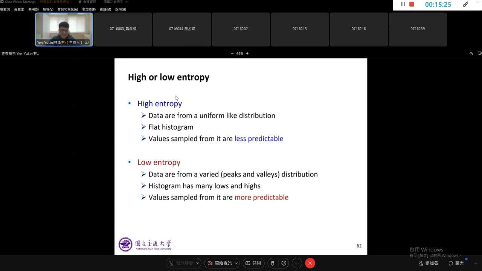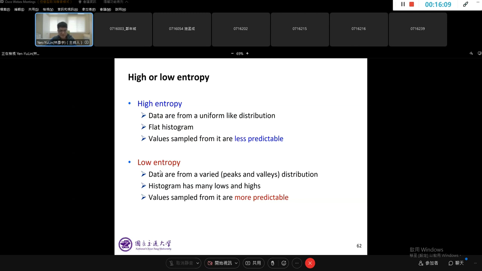So let's specify some properties of entropy. High entropy means that data are from a uniform-like distribution. If you calculate a histogram over classes, it is a flat histogram. In this situation, it is less predictable because most classes have the same probability. You don't know which class is the most likely class for a given data point. On the other hand, we prefer to have a lower entropy.